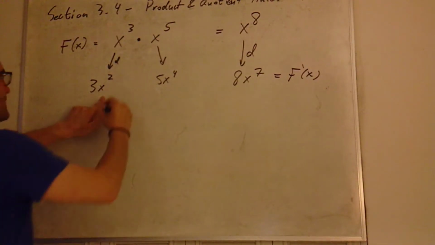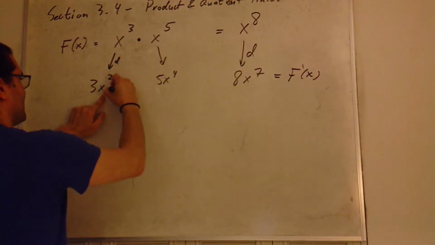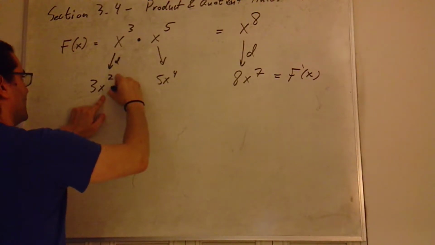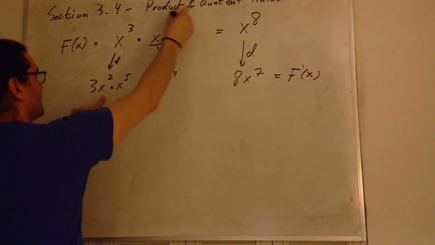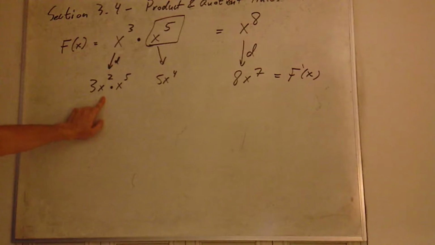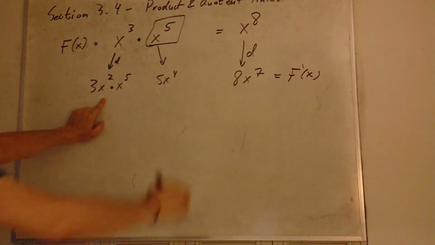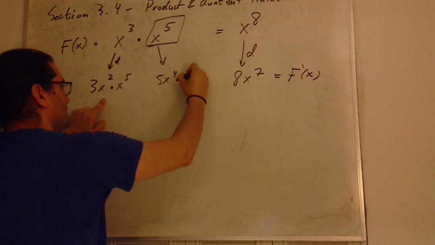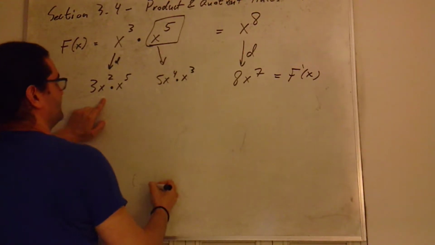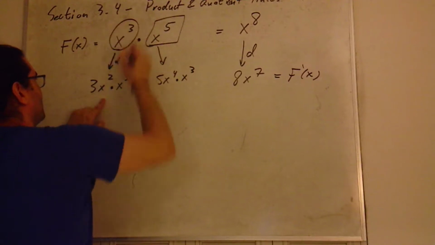In order to get this thing to become an x to the seventh term, I would need to multiply it by x to the fifth, which is conveniently what that thing is. If I want to get this to be an x to the seventh term, I would have to multiply it by x cubed, which is weirdly what that is.